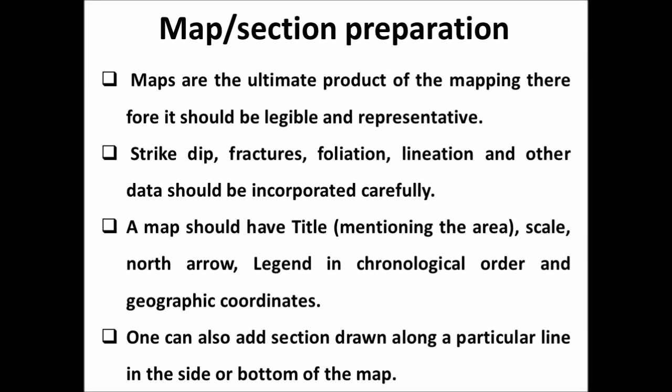It should have a scale, a north arrow, and also, most important, a legend in chronological order. It should also contain the geological features and structures in the legend, and the map should also have the geographical coordinates. One can also add a geological section, if drawn along a particular line, and this should be incorporated along the side or at the bottom of the map.